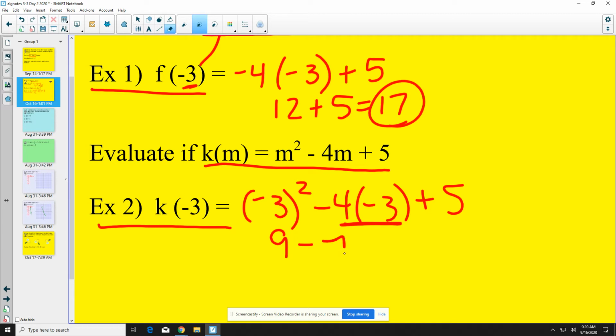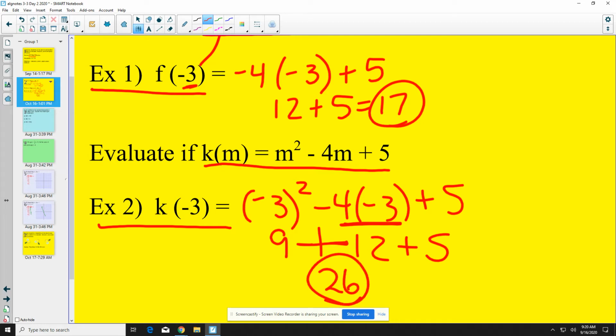Positive 4 times -3 would be -12. So this is a minus -12 and then plus 5. But remember, our minus negative becomes a plus. So 9 plus 12 is 21. 21 plus 5 is 26. See if you got 26.